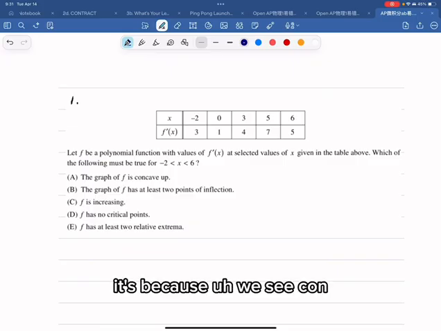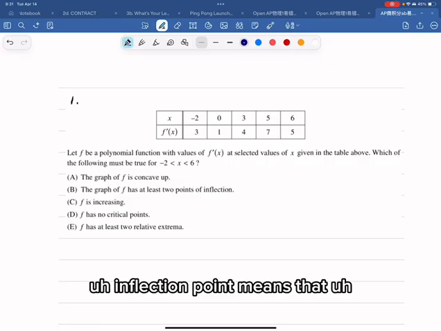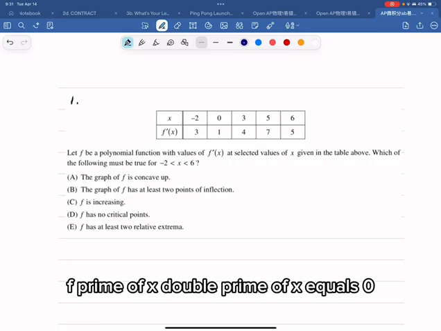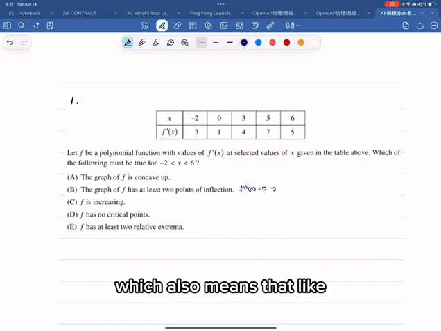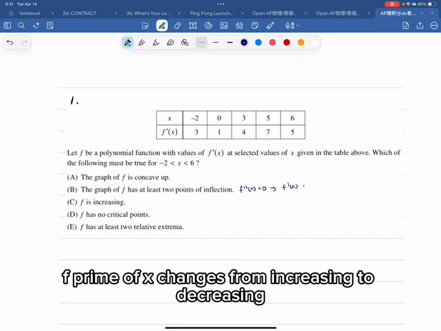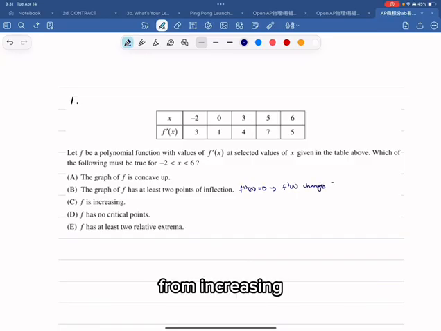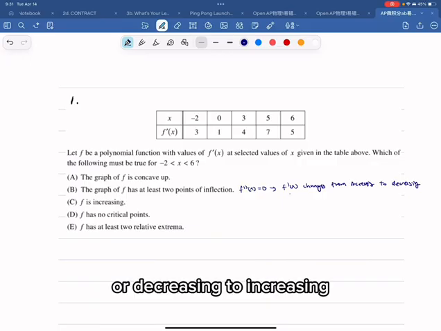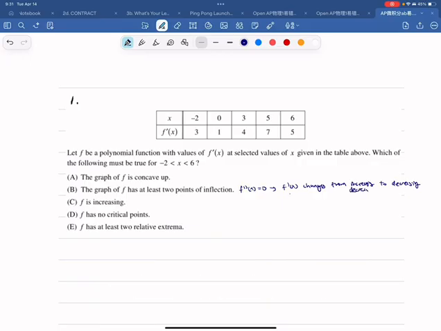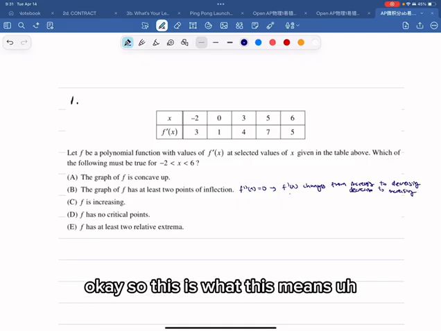An inflection point means that f double prime of x equals 0, which also means that f prime of x changes from increasing to decreasing, or decreasing to increasing. So this is what this means.